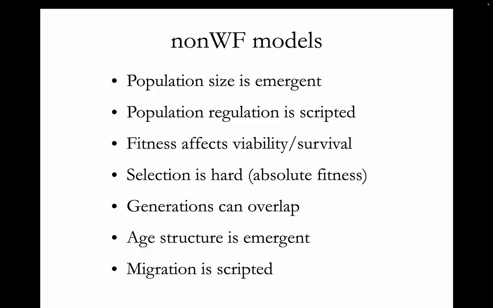Fitness in non-WF models affects survival by default, not mating probability, and that means that, by default, selection is hard and absolute fitness is important. Generations can overlap, and age structure, like population size, is emergent from births and deaths. Migration, too, is scripted and emergent. Your code dictates which individuals move and to where. So the big picture is that non-WF models are very individual-based, emergent, flexible, and script-driven, but they're also somewhat more complex.